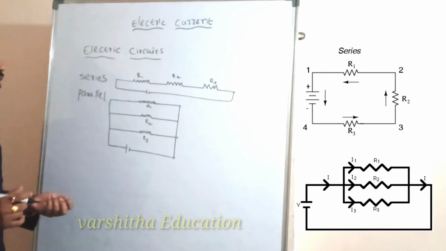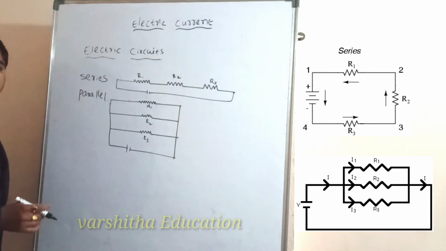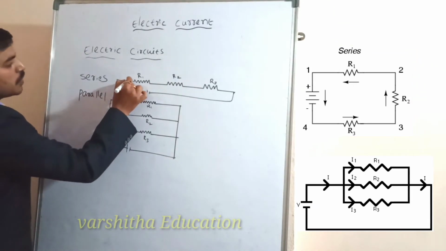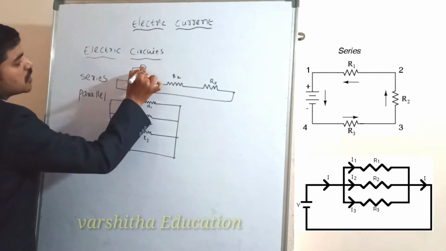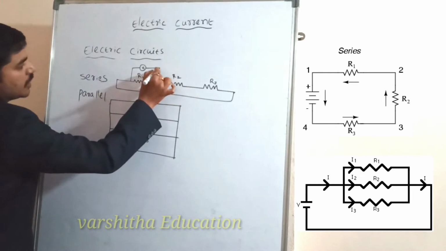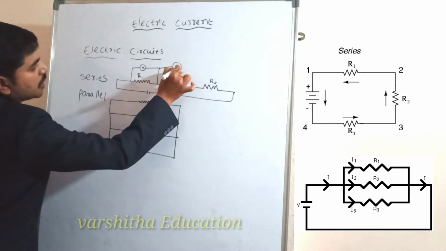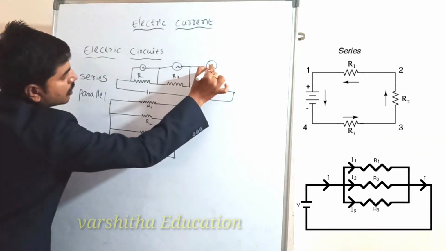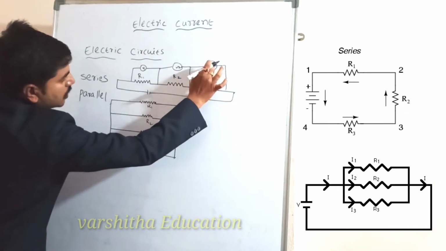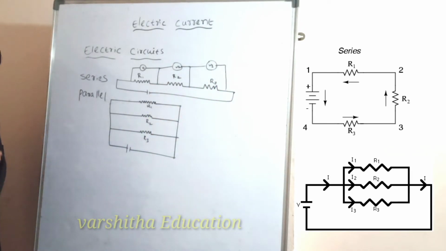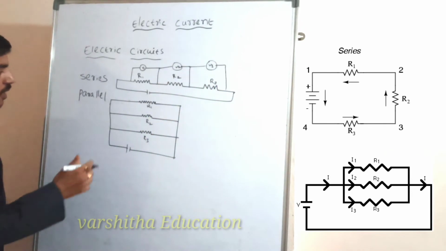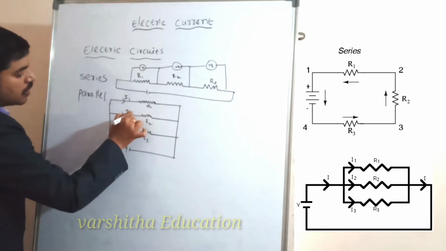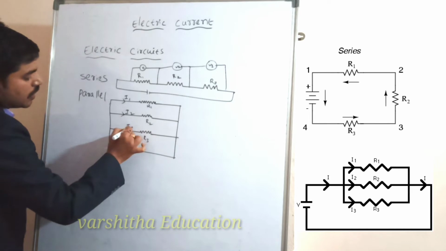In these two, the voltage appears differently. For example, in this area the voltage is V1 and in this area the voltage is V2, meaning the potential values vary from one to another, but the current is the same. In the parallel connection, the potential values are constant but the current values differ: I1, I2 and I3.